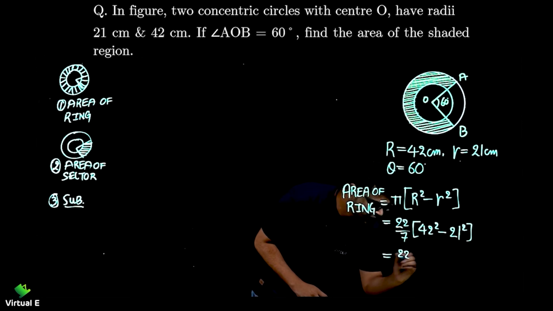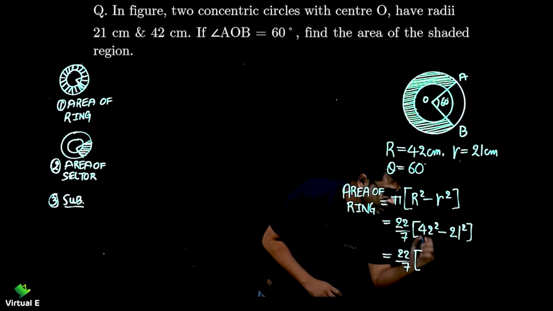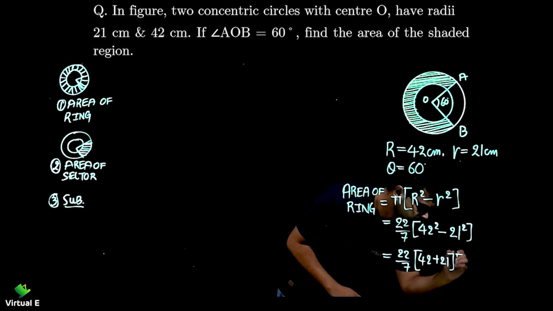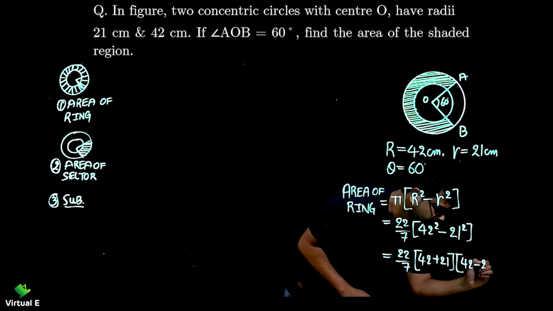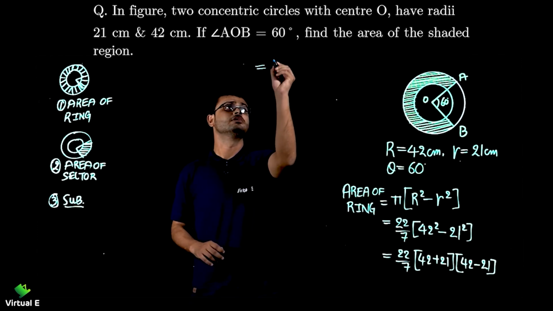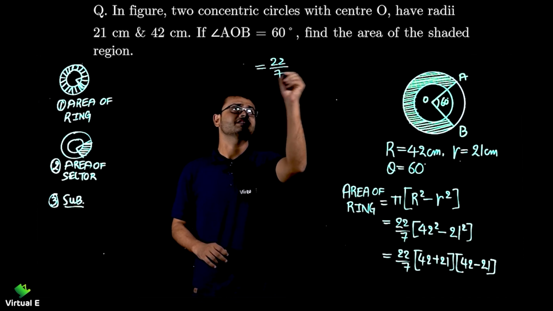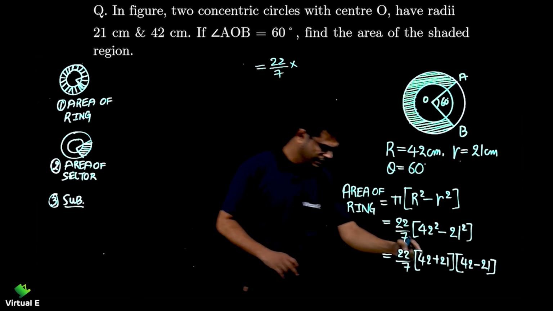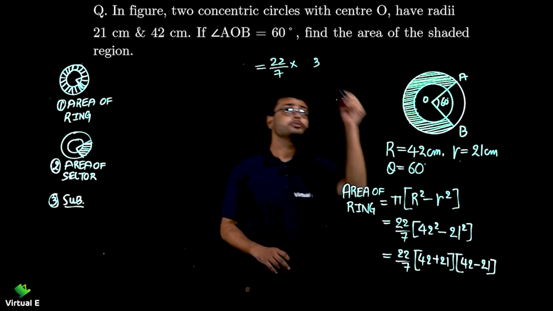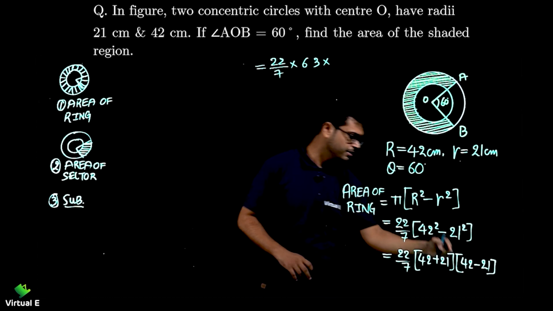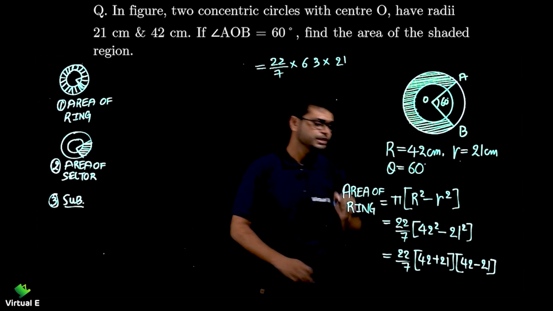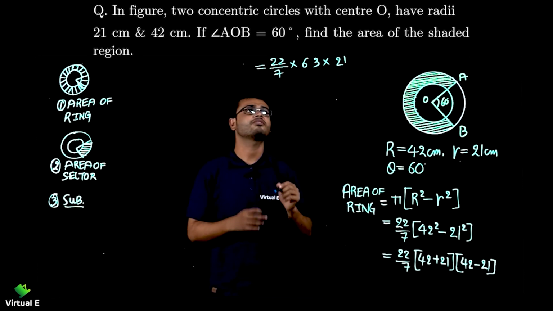Then 22 by 7 as it is. Here 42 plus 21, good. Then 42 minus 21, remember, is equal to 22 by 7 multiply by, let's add 2 plus 1 3 and 4 plus 2 6, multiply by 2 minus 1 1 and 4 minus 2 2. It's 21 twos are basically, but though I followed the method.